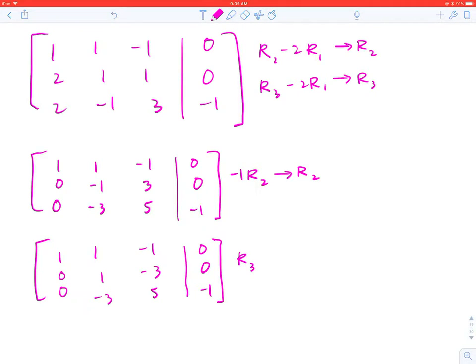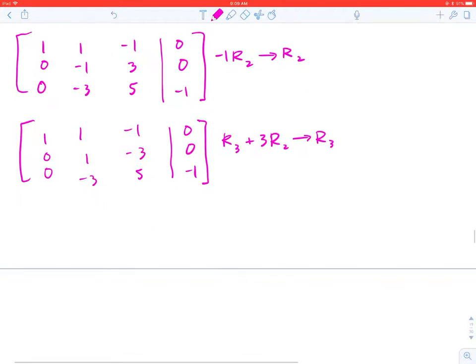So we'll do row 3 plus 3 times row 2. Okay, so 5 plus 3 times negative 3 will be negative 4.